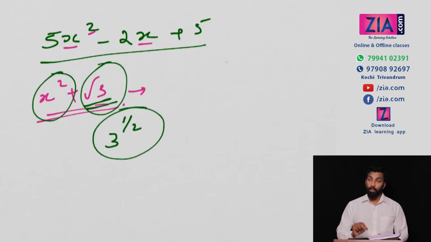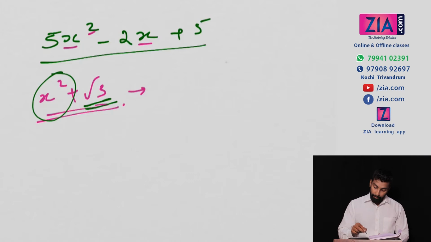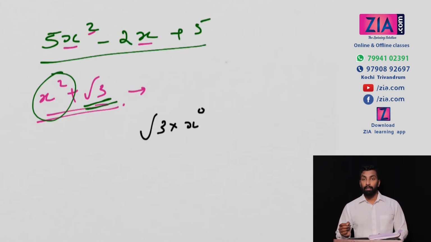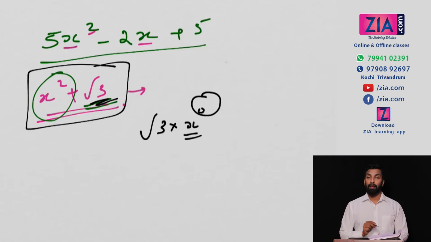But since this is a constant part, that is not a problem. Root 3 is actually root 3 into x raised to 0. If you look at the variable here, that is x, and the power of the variable here is 0. That is a whole number. So this root 3 is not a problem. This is actually a polynomial in one variable, and that is x.